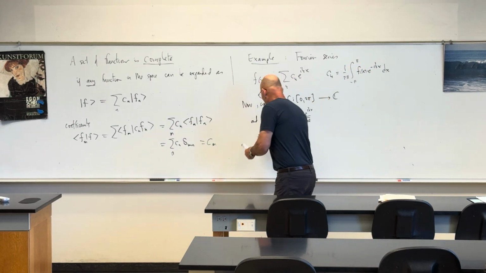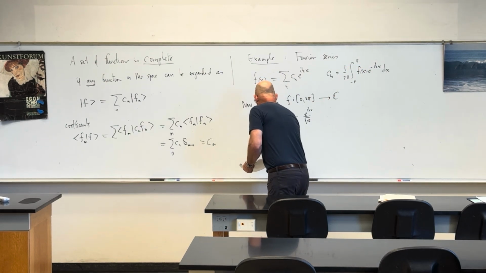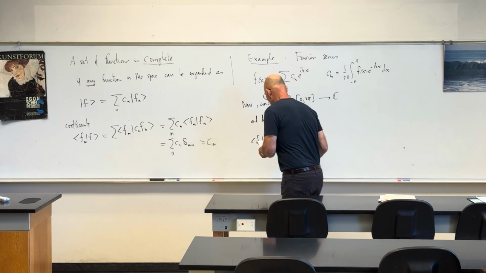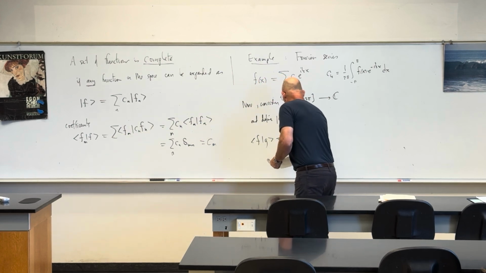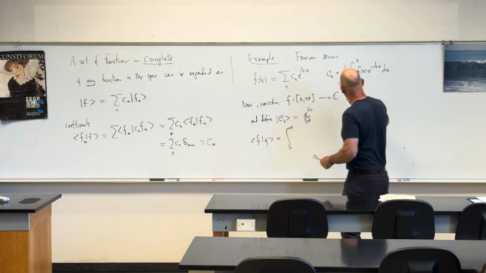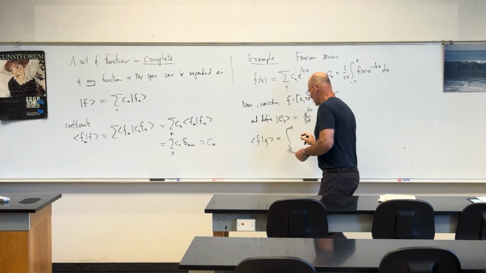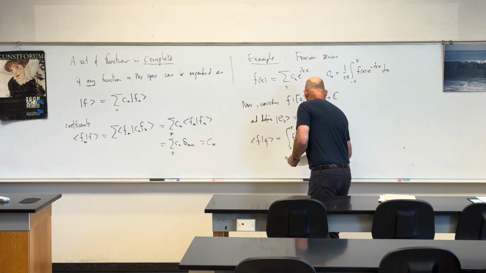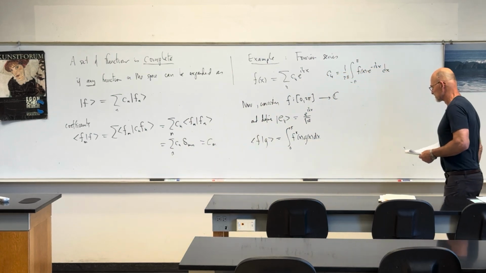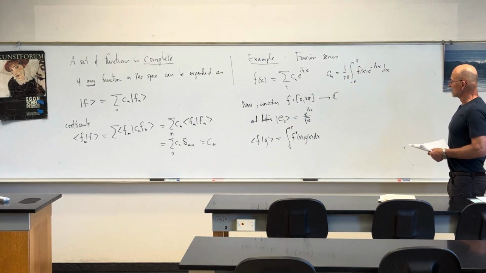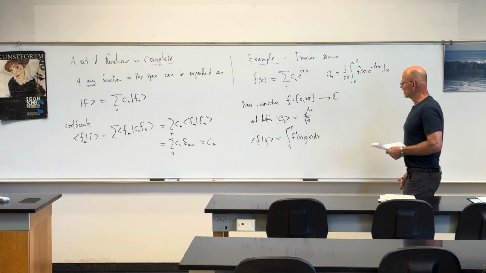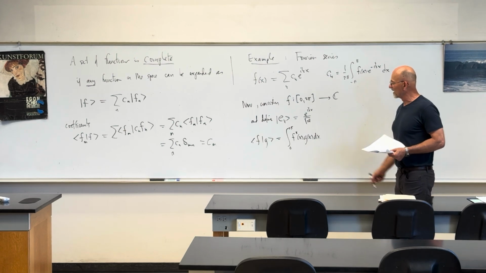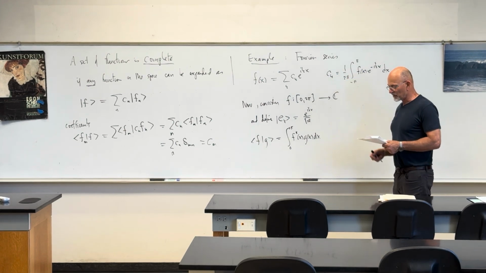Then we have the scalar product of f and g as before, but without the 1 over 2 pi. So the scalar product of f and g is just the integral of f star of x, g of x dx. So that's just an equivalent, convenient thing to not have the 1 over 2 pi floating around.